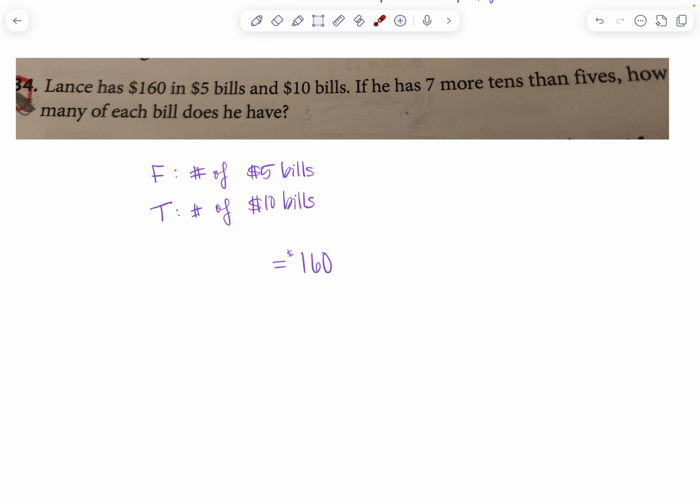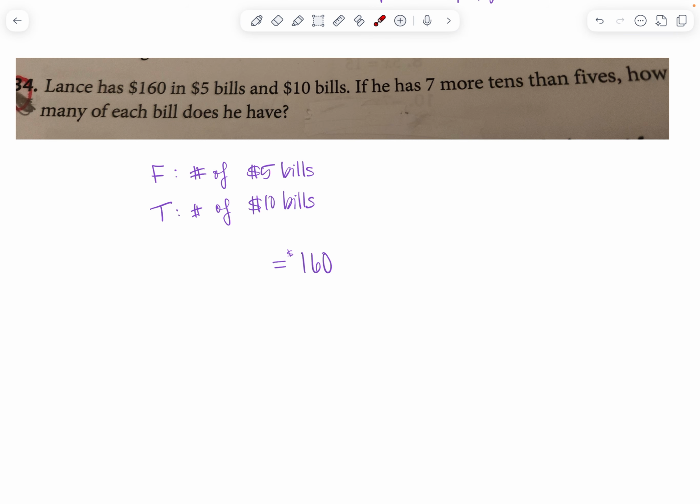Now, I'm not just going to say the number of bills is going to equal $160. It's not like 3 bills plus 9 bills is going to equal $160. I need to know the value of those bills. So for instance, let's say that you have 2 $5 bills.